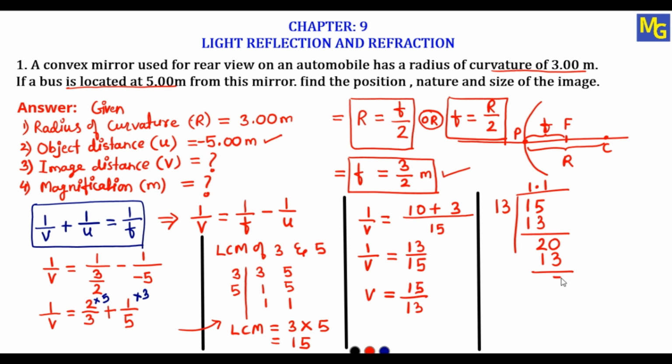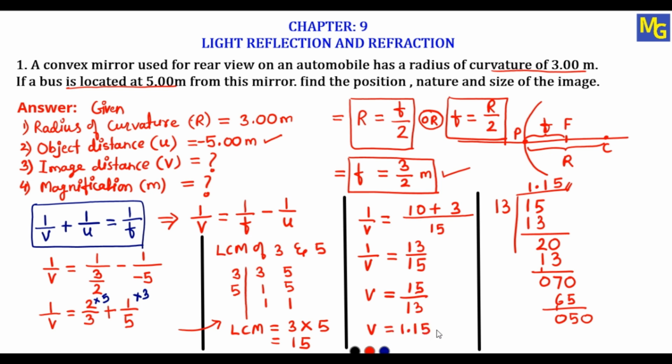Then it will be 0. Take one more 0. 13 5s are 65. So I'll write it here 65. Then again it will be 5. This will be again 0, and like this we can continue. So now here we are going to stop. So our answer, I will take it as 1.15. So here I will write V is equals to 1.15 meter.